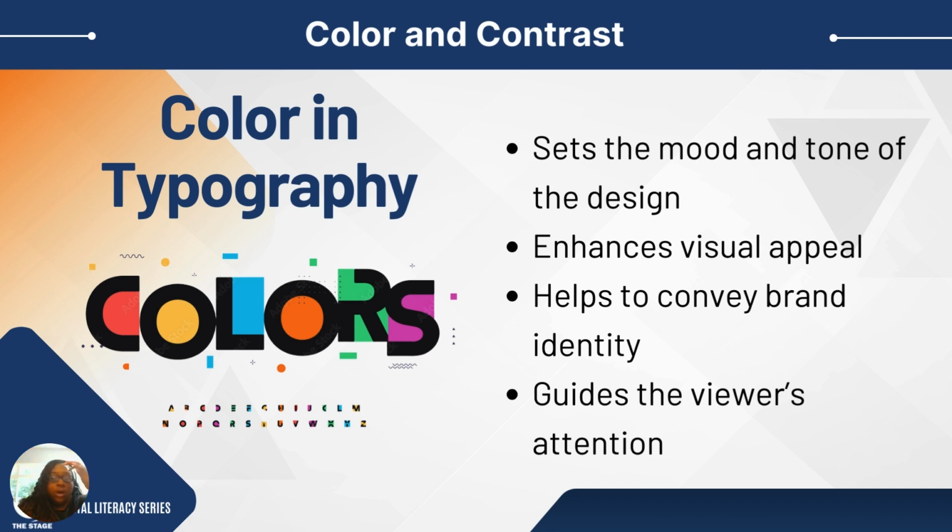So you want to make sure that you utilize colors in your typography to help with things such as hierarchy, headings, subheadings, things of that nature. Even call to actions, like when you say, please call now, or book us today.